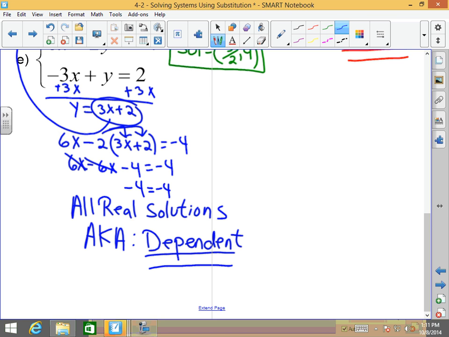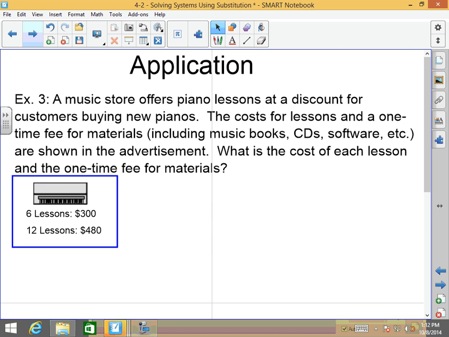Does that make sense? Now, let me show you how awesome this is with word problems. Okay, let's check this out. A music store offers piano lessons at a discount for customers buying new pianos. The cost for lessons and a one-time fee for materials, including music books, CDs, software, etc., are shown in the advertisement.